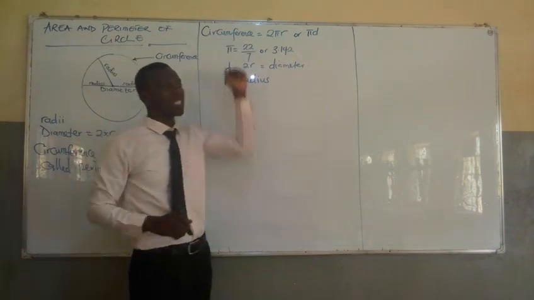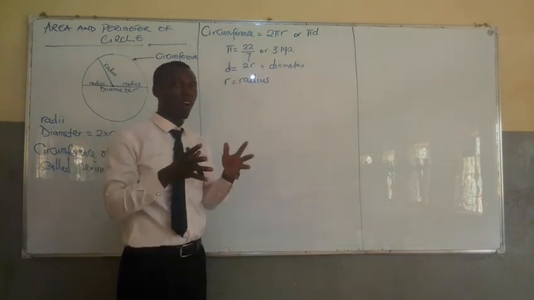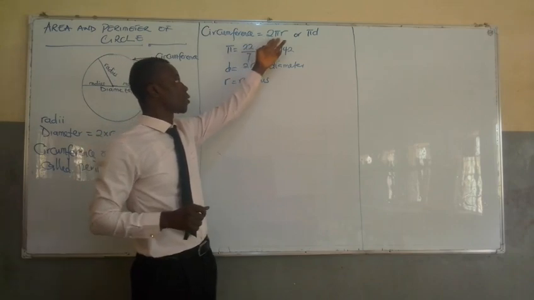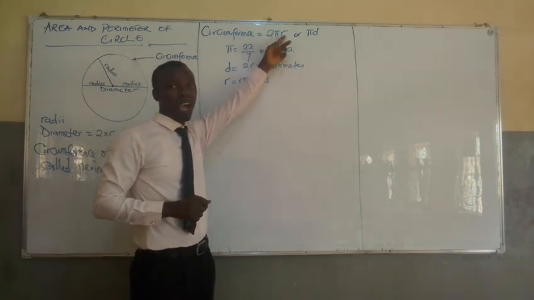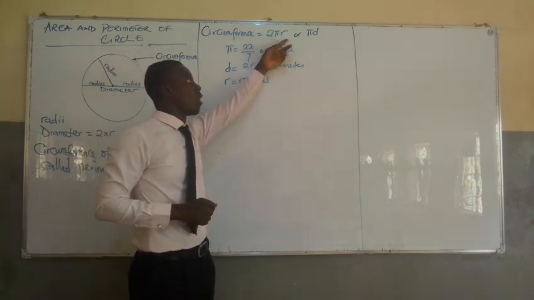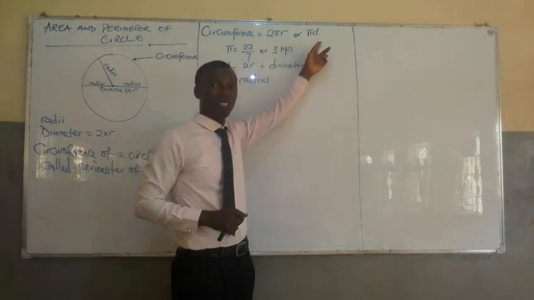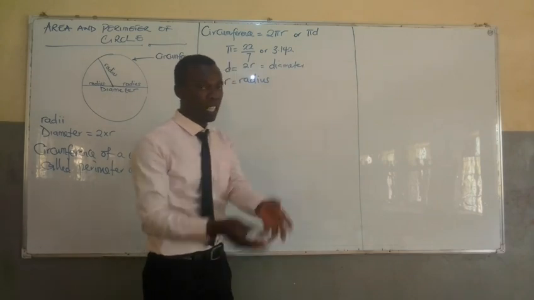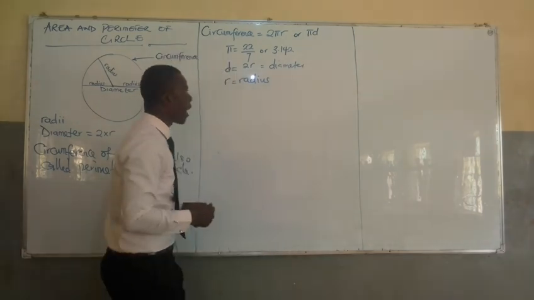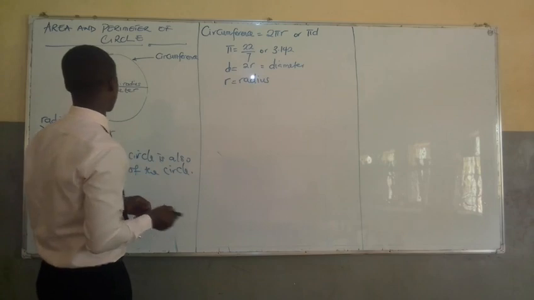So if I'm going to calculate the circumference or the perimeter of a circle, all I need is 2 pi r, where r is the radius, or I could have pi d, where d is the diameter. Some questions will actually give you the diameter and tell you to find the circumference of the circle.